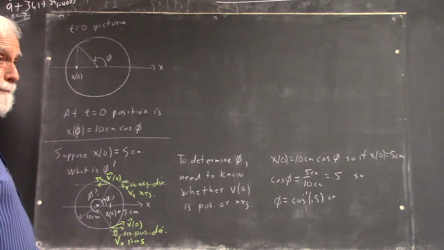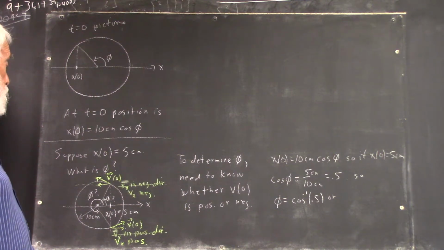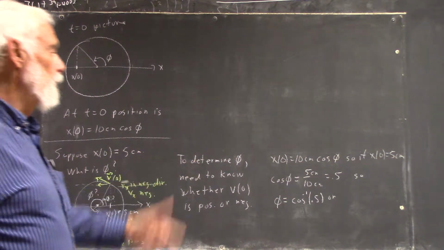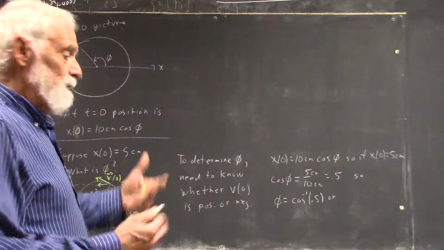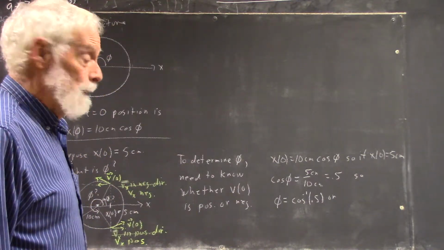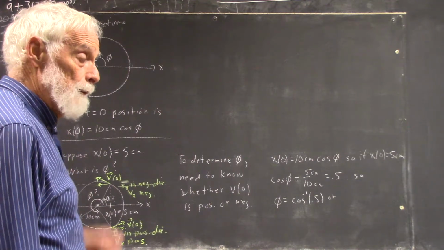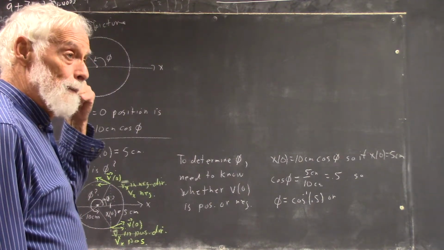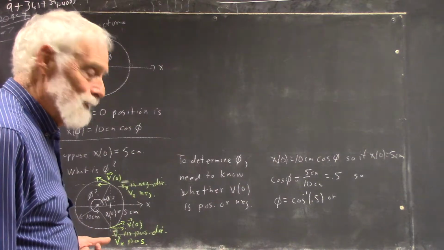Well, okay, you know the inverse cosine of 0.5 is, say, 60 degrees, or pi over 3 radians, okay? And we probably want to do it in radians, but you're used to thinking in degrees, okay?